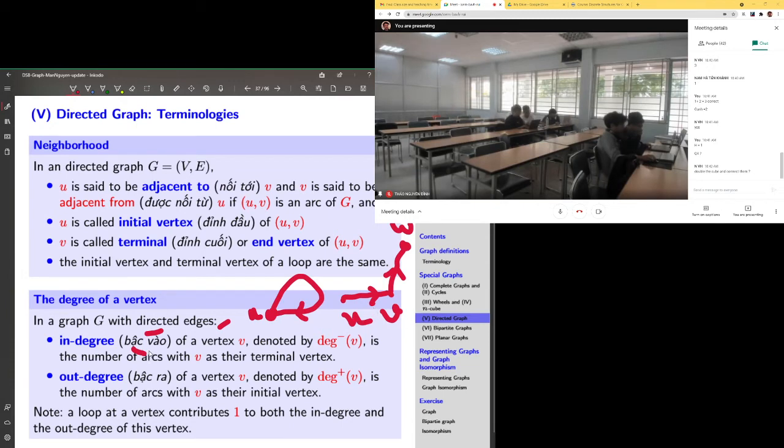We call this the in degree, this is the notation, and the in degree of V will be number 1. But also you have the connection from V to W. We talk about the out degree, denoted by this one. In the picture also number 1. So 1 degree in and 1 degree out for the node V. So that is the extension from the undirected graph. For the directed graph, you have to say in degree and out degree.